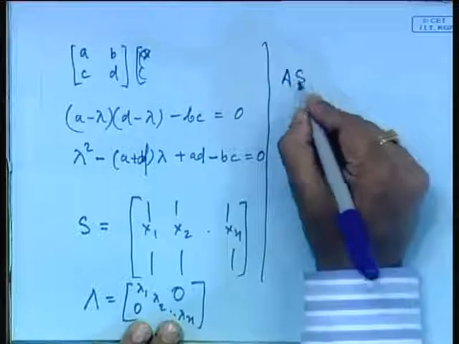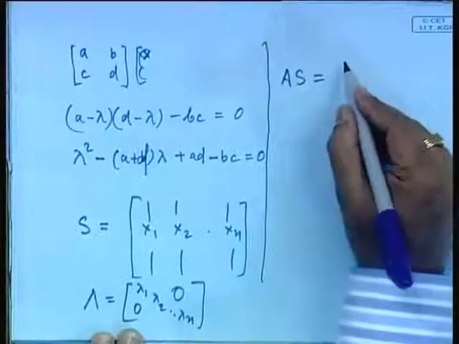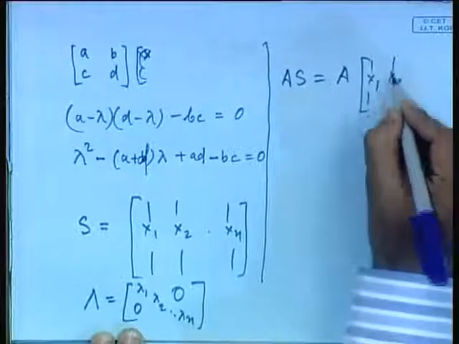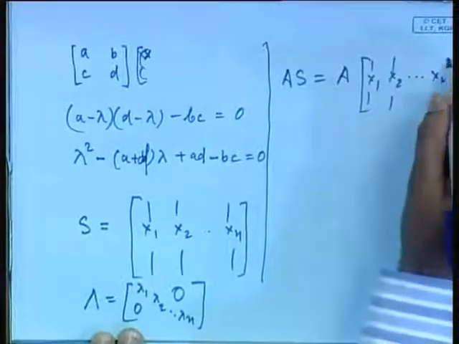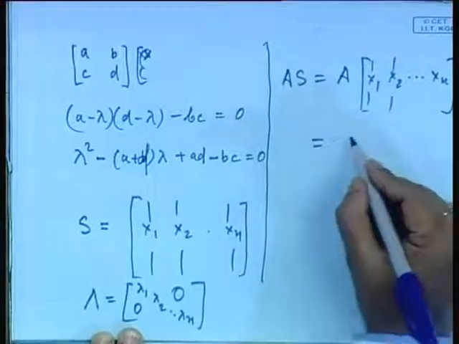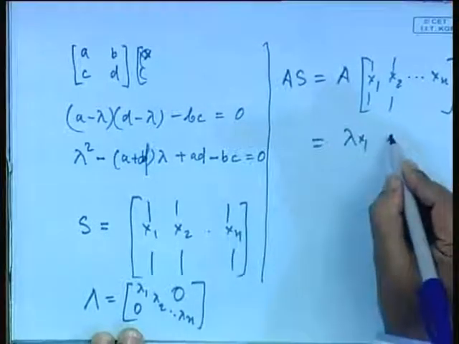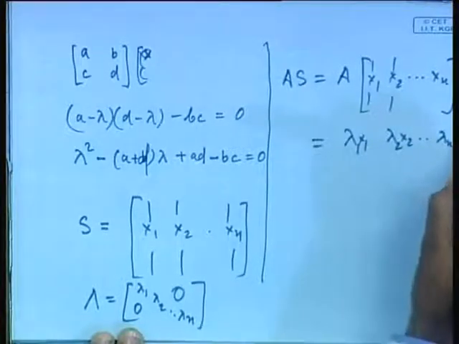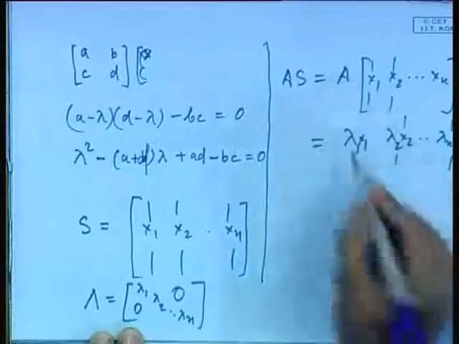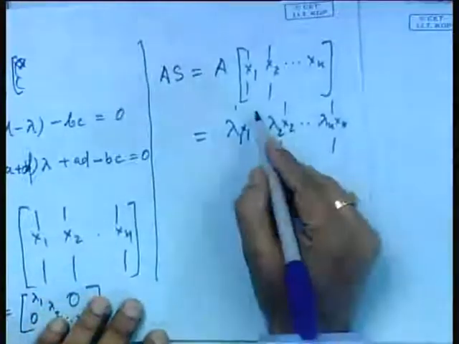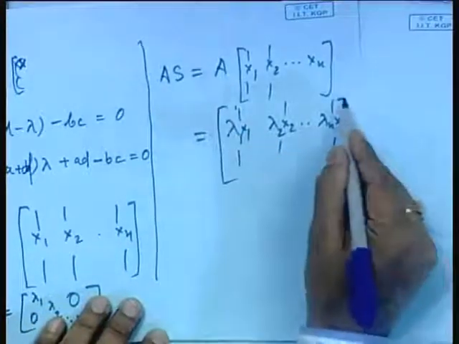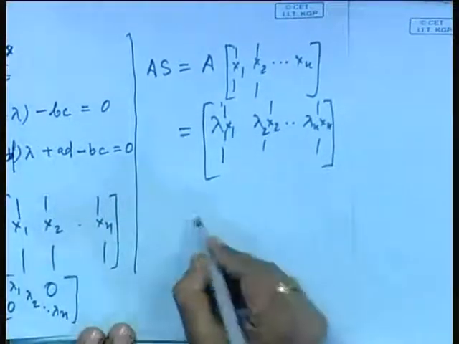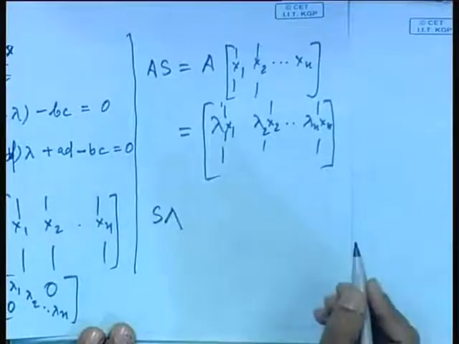What is AS? You have A times x1, x2, up to xn. So, you know A times x1 is lambda 1 x1, and so on. On the other hand, what is S Lambda?